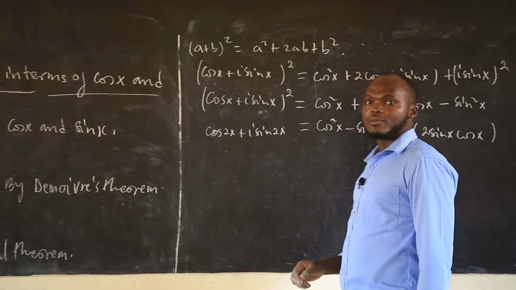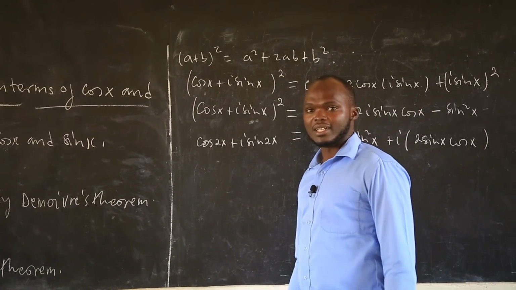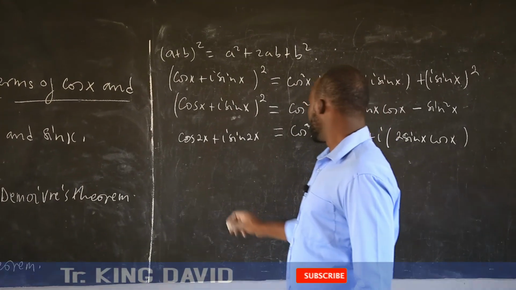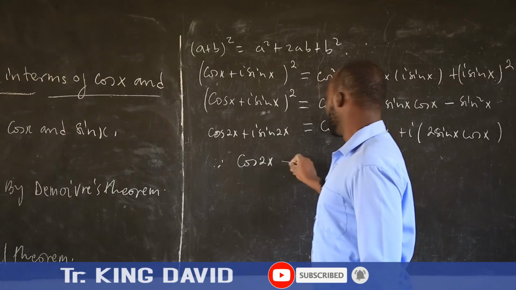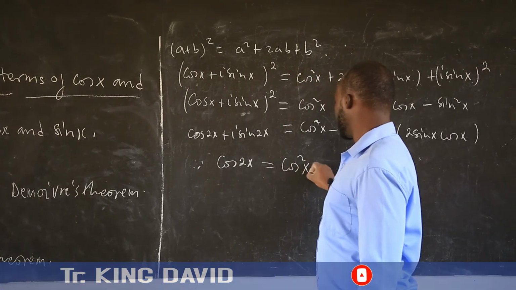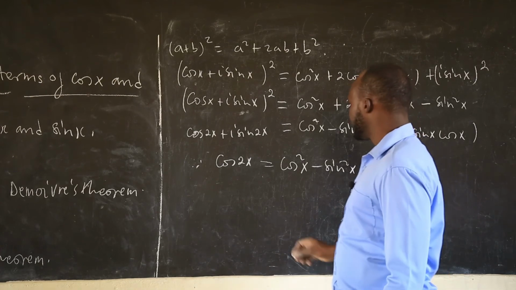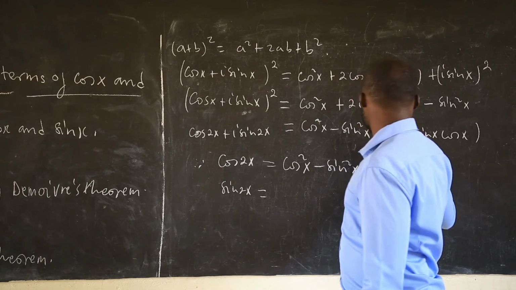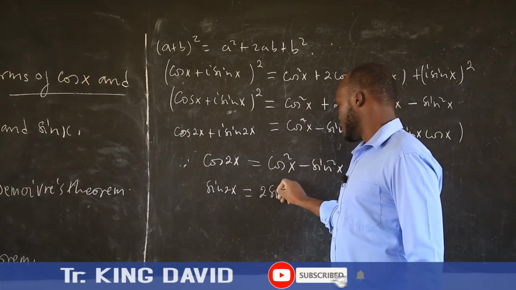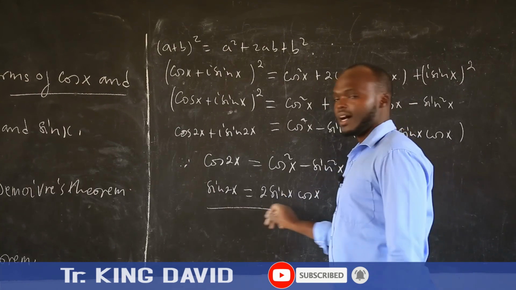So remember, for the equality of complex numbers, the real part equals the real part and the imaginary part equals the imaginary part. So cos 2x equals cos squared x minus sin squared x, then sin 2x equals 2 sin x cos x. So that's the answer.